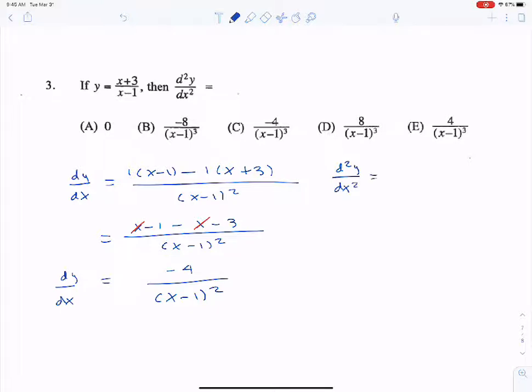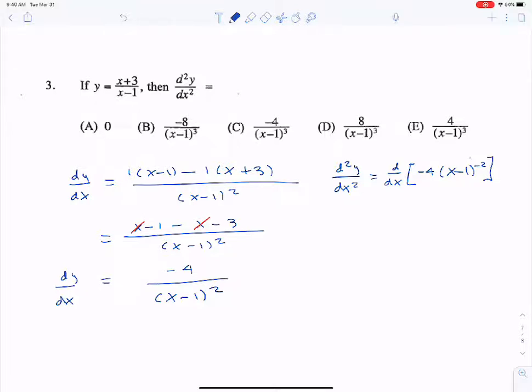Now in this case, I'm going to rewrite this because I think it's going to be a little bit easier. So I'll be taking the derivative of this function. Just because I think this will be a little bit easier. Okay? So I'm going to take the derivative of this so that I can use, what's it called?